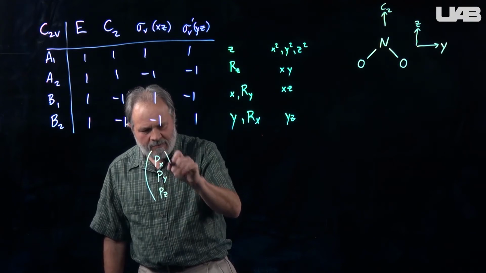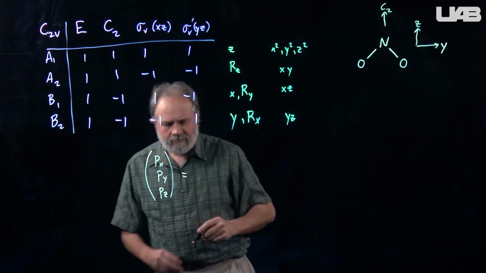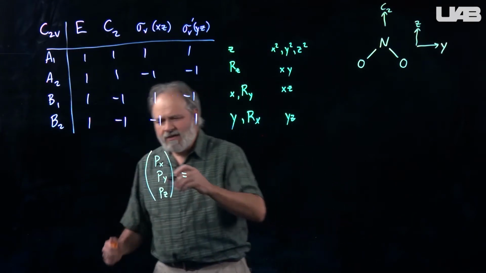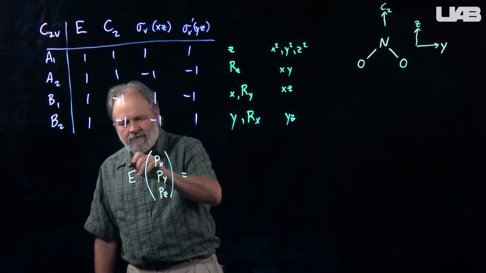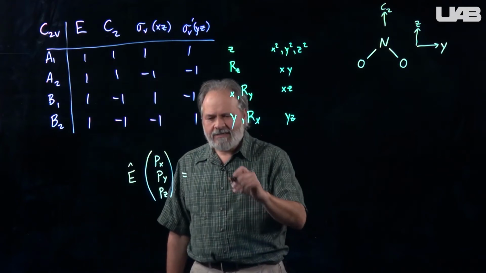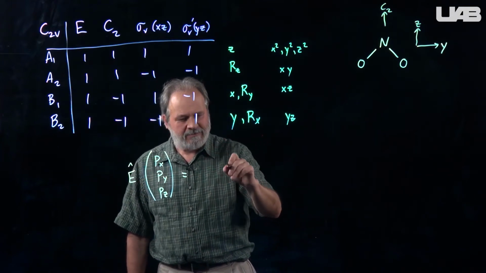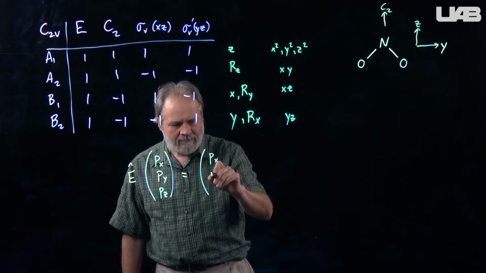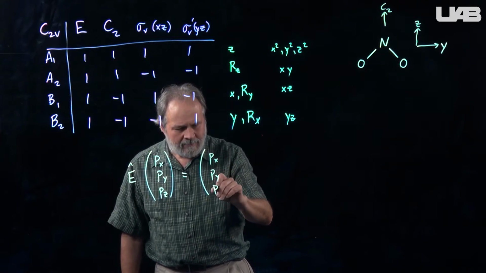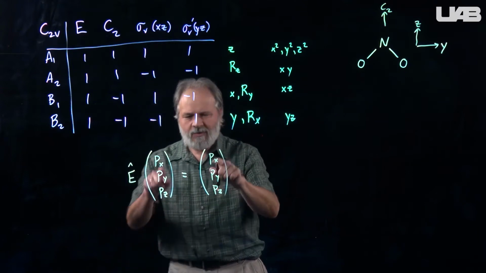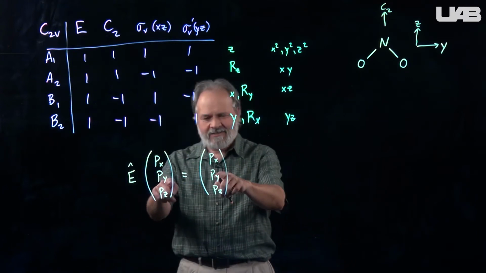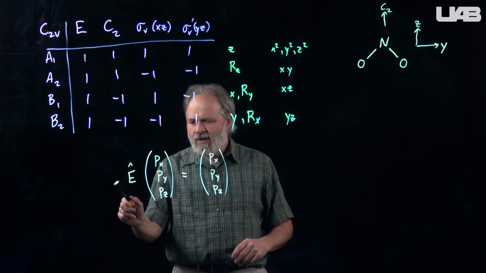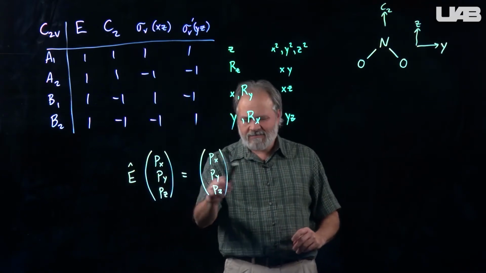This is just a set of the p orbitals, and we're going to say, let's do nothing on that, and the result is the same vector. The px orbital becomes the px orbital, py stays the py, pz stays the pz. And so we ask ourselves, what matrix, if we multiply it by this vector, gives the same vector?